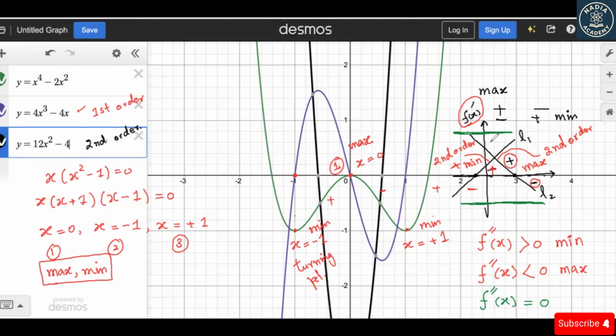Or you can say that the value of the first order derivative is somehow changing, meaning that there is a trend in the change.